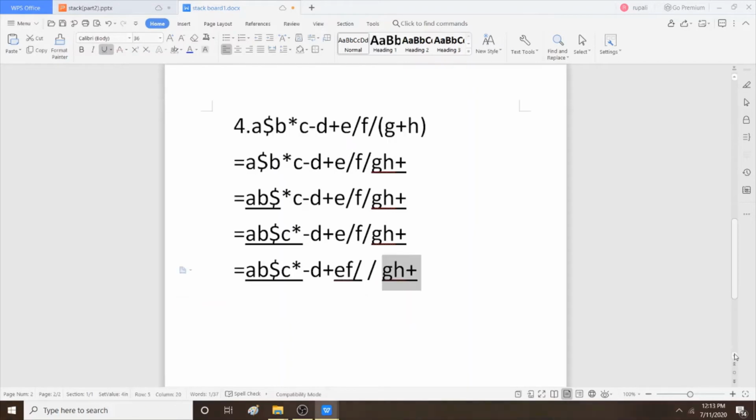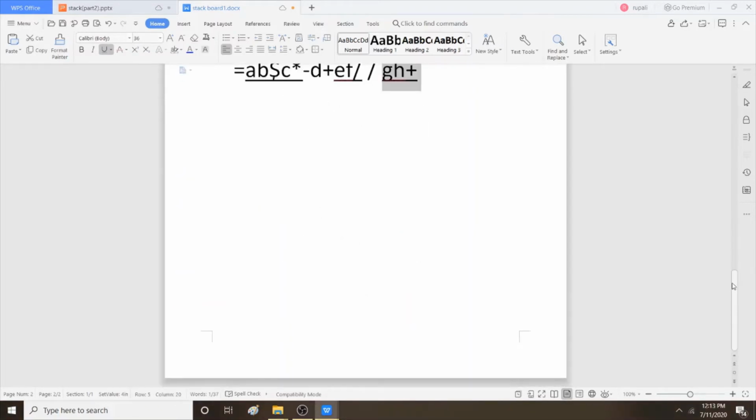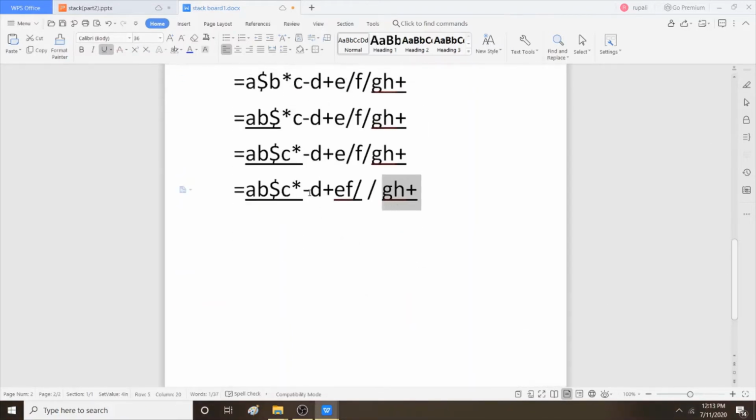Now see, plus, minus, plus and by. Which one has greater priority? This by. So EF by is one operand, imagine, and GH plus is another operand, imagine. So in between these two there is one operator by.